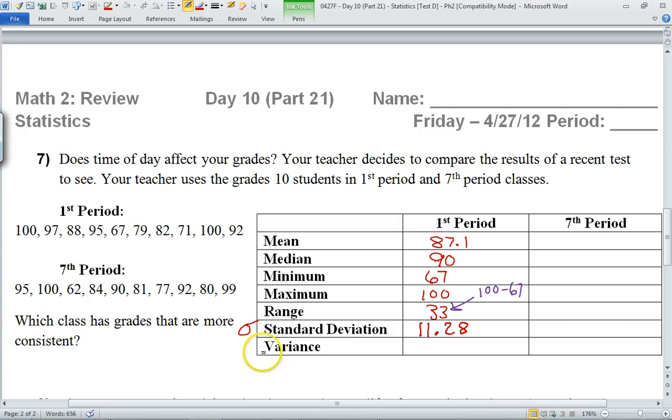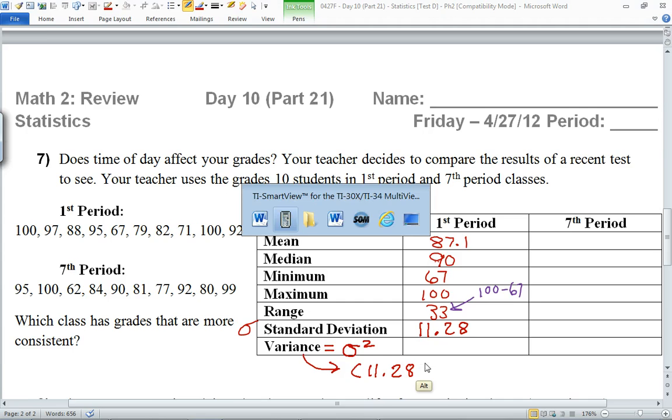Now, what's this variance business? Well, guys, the variance is just the standard deviation squared. No, you will not find variance listed on your calculator anywhere. You have to take the standard deviation and square it. So if I want to find the variance, I'm going to do 11.28.